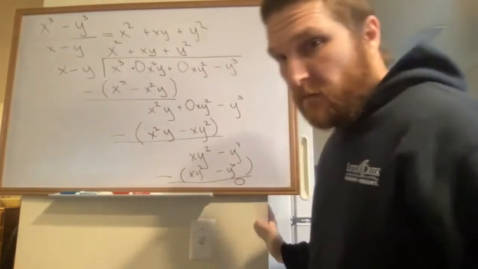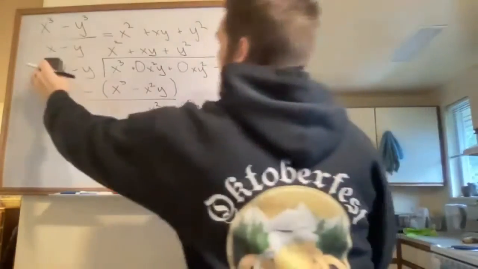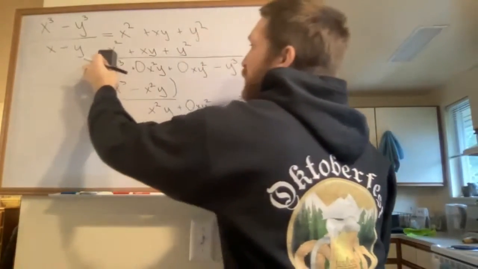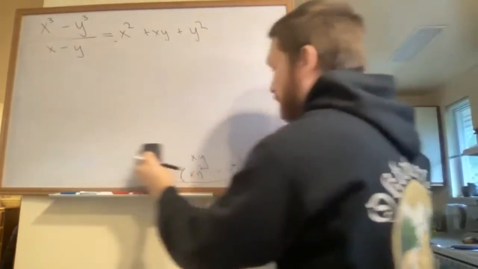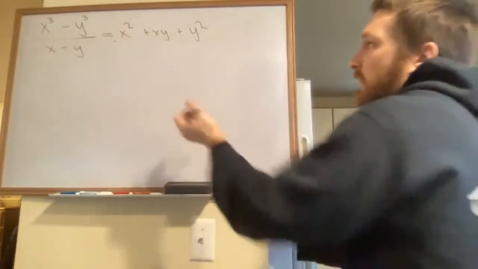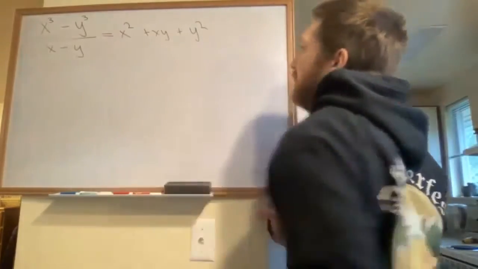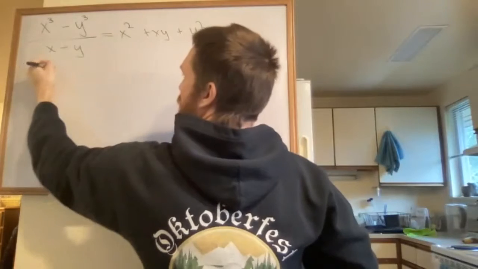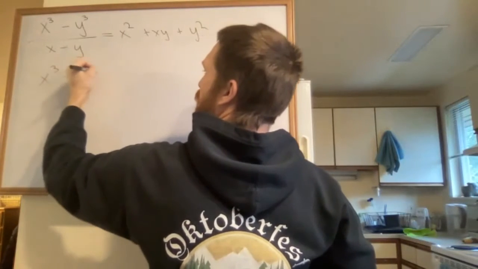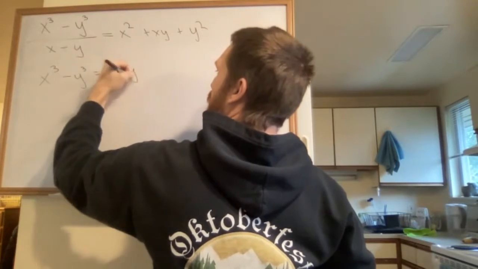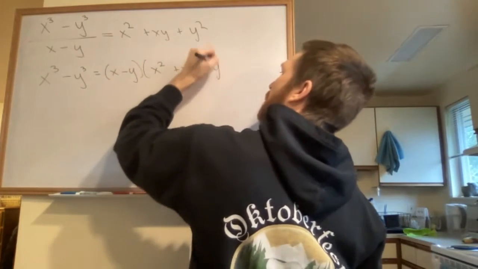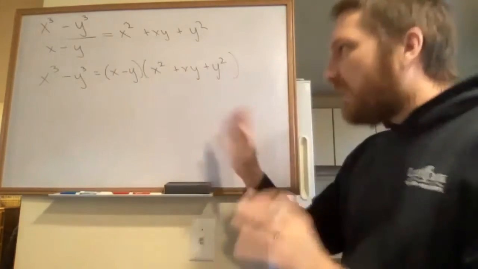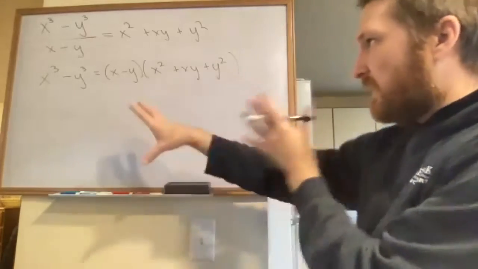And indeed, that's what our formula for difference of cubes tells us. I love this, like we've just verified this by polynomial long division, but it should be the case that x cubed minus y cubed equals x minus y times x squared plus xy plus y squared, which is exactly what our formula tells us, right?